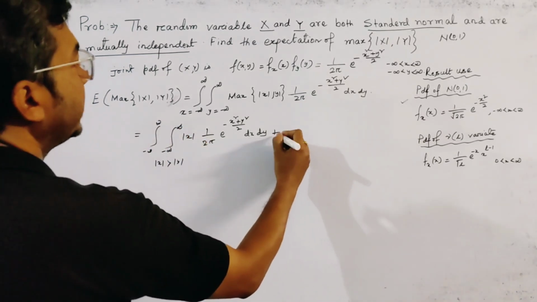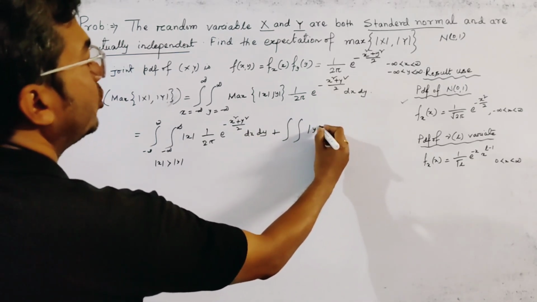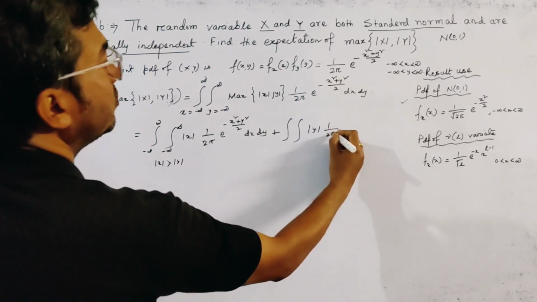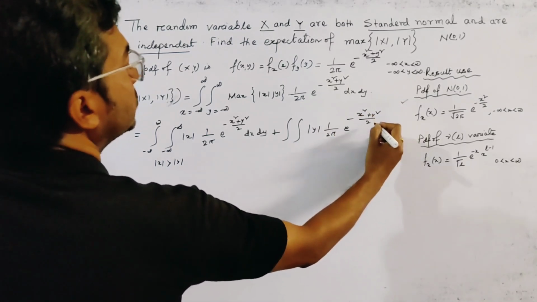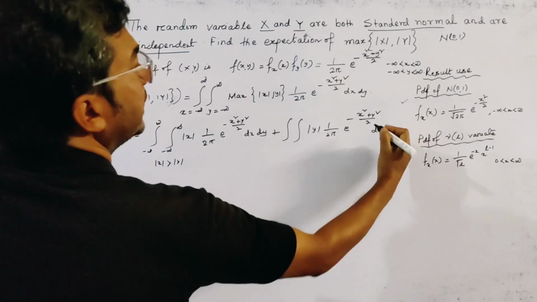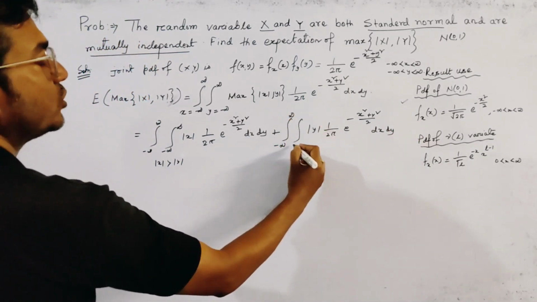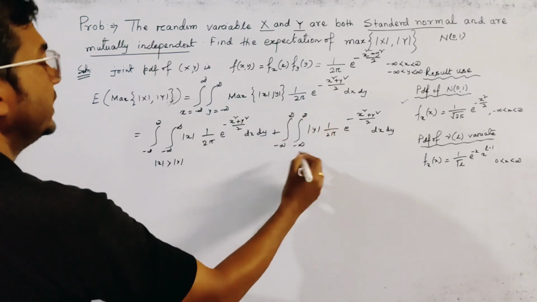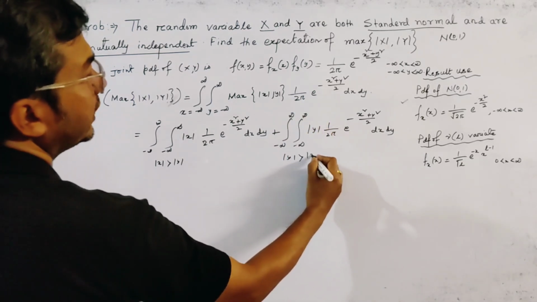And the second part is the double integration, the same, where we get |y| times 1/(2π) e^(−(x²+y²)/2) dx dy, both from minus infinity to infinity, with |y| greater than |x|.